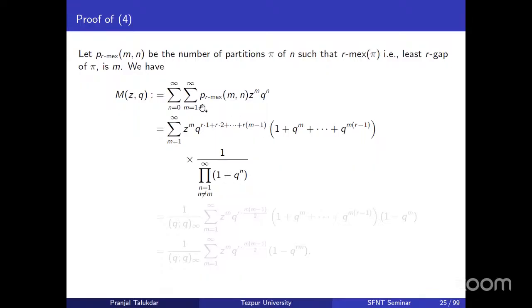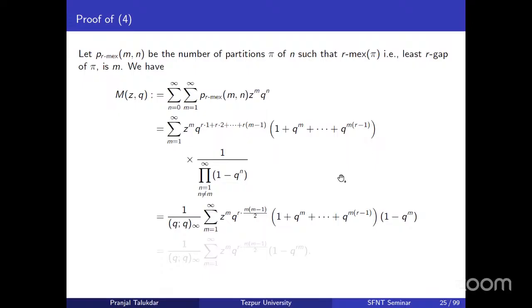In these partitions, m may occur or may not occur, but m can occur at most r minus 1 times. Based on the occurrences of m, this product term comes. So now this double sum is simplified into this single sum. This takes care of all the parts, and takes care of the fact that m is the least r-gap.